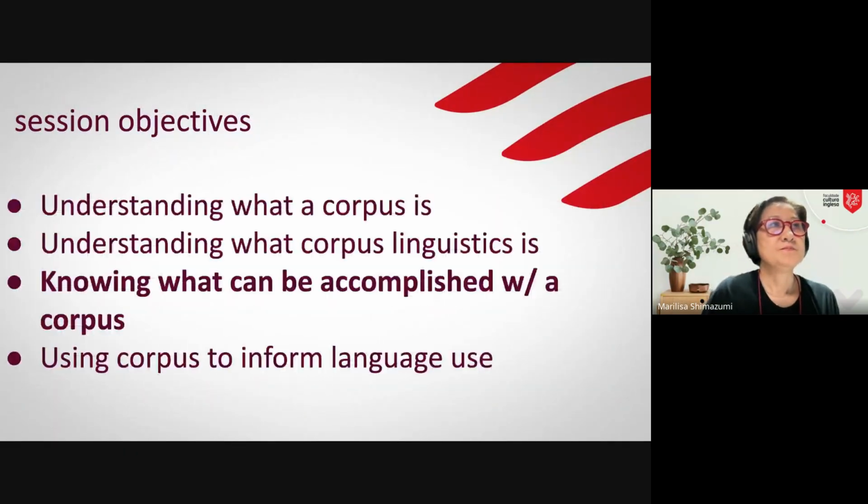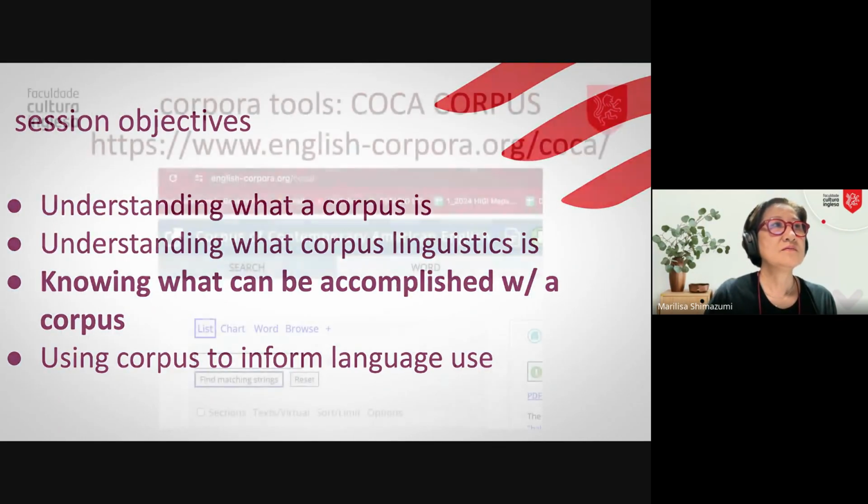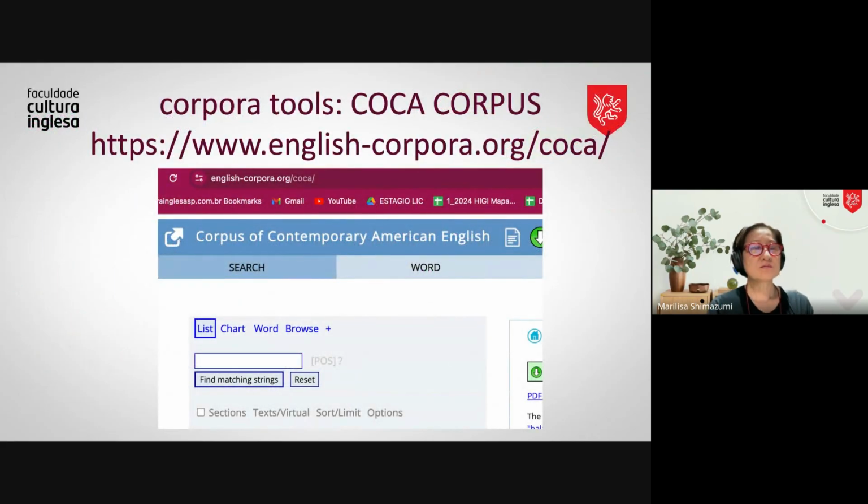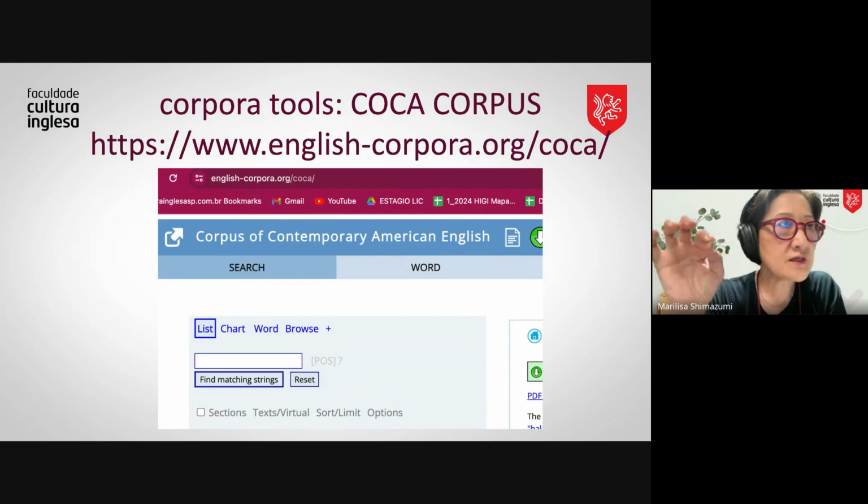So we will start with this tool here. You will have the recordings and all the slides, okay? So don't worry. But for you to use a good, free corpus, I'm writing here on the chat, you can just Google Coca corpus and you will get in for free.